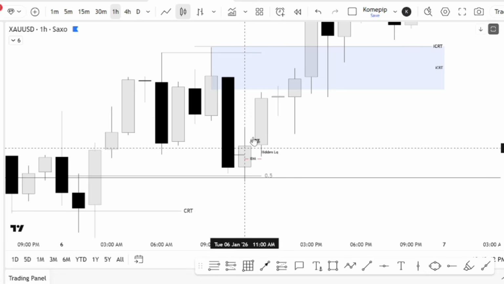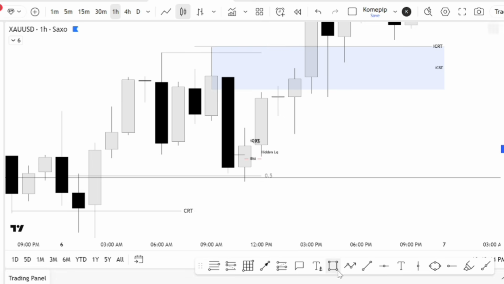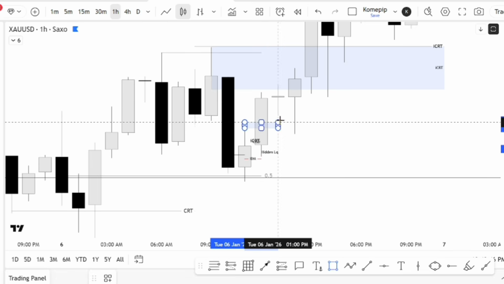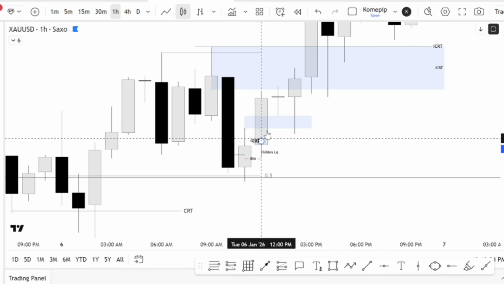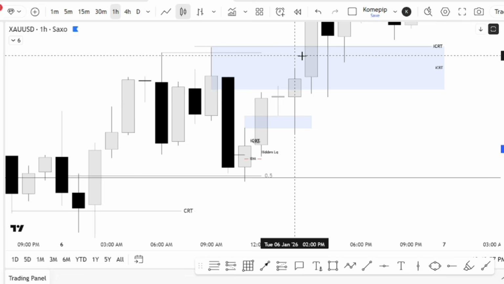Also remember that we have a fair value gap here. Remember, what did I teach you guys about fair value? I said fair value gap is one of the drivers of the market, because when price is pushing to the upside, price does one thing: price will leave fair value gaps. Why? Because in the future, price will need to fill those gaps, and that's when we call it fair value.